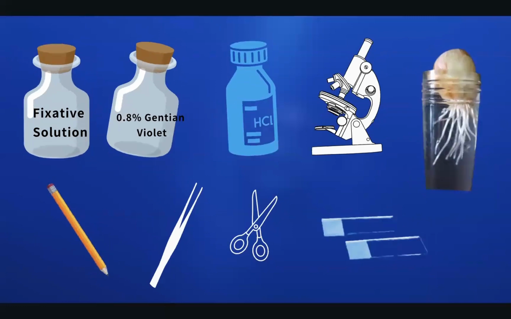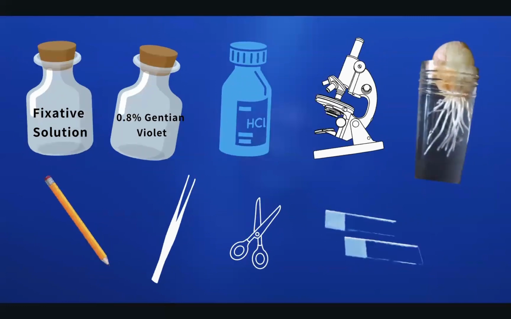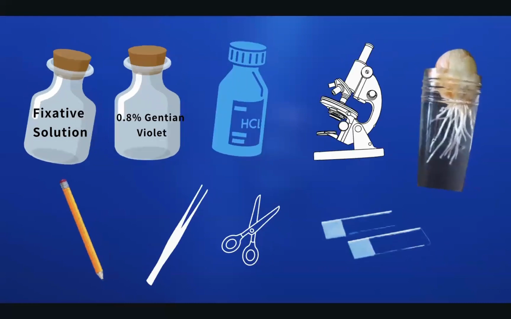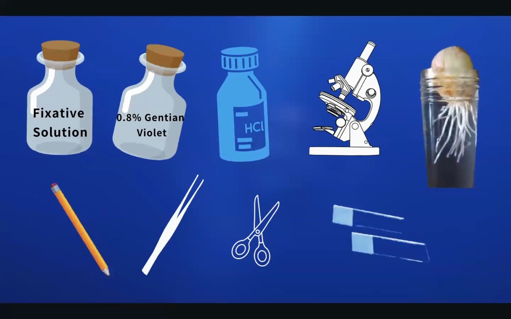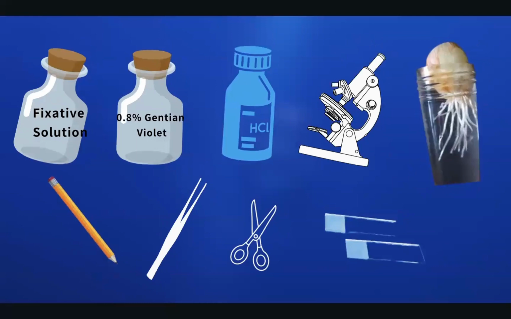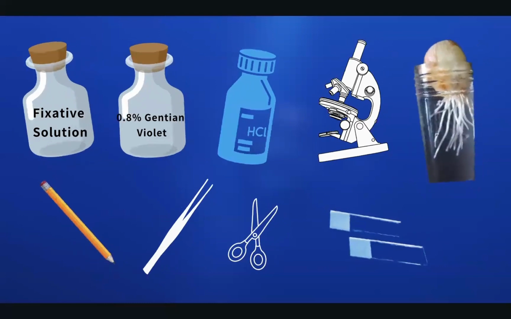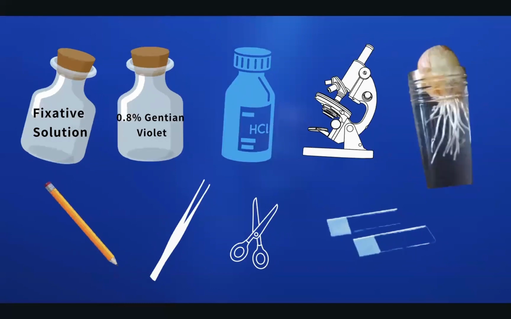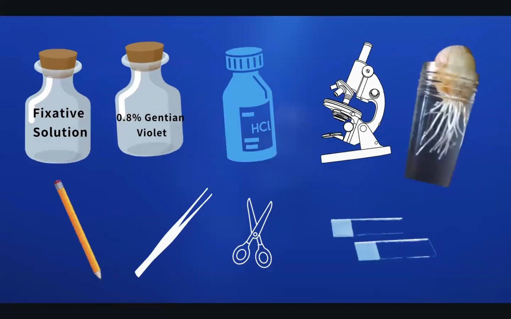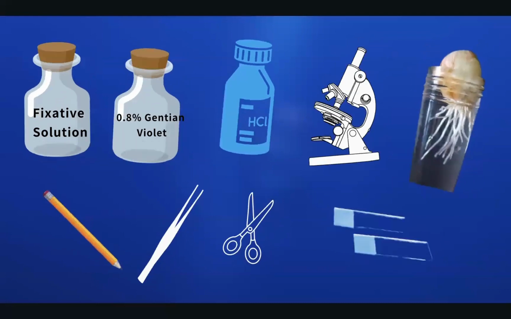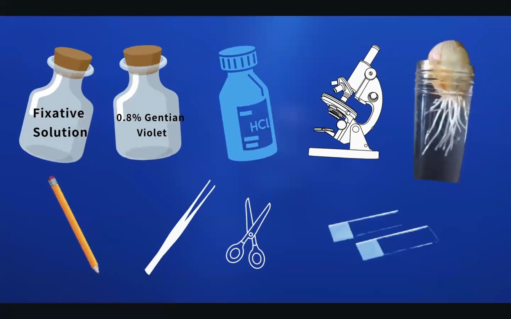Three types of solution: fixative solution, Janus green solution, hydrochloric acid, and the most important one, a microscope. We also need garlic root tips as our material, a pencil, scissors, four cups, microscope slides and cover slips. Here are our steps.